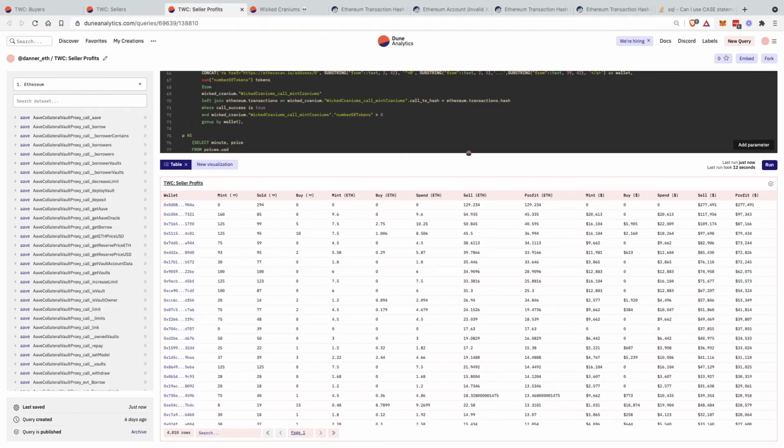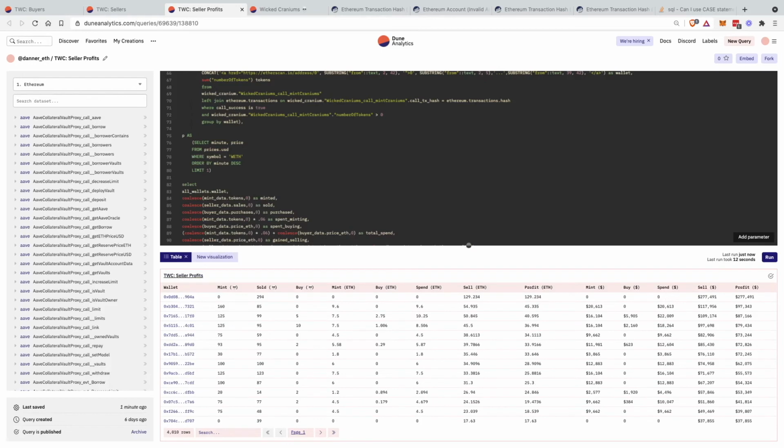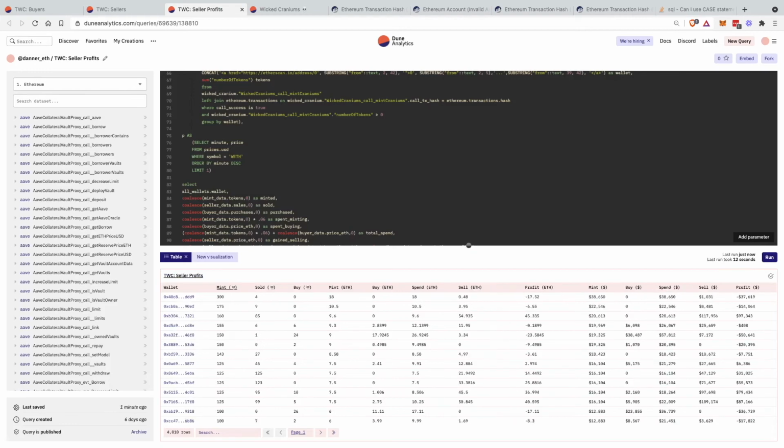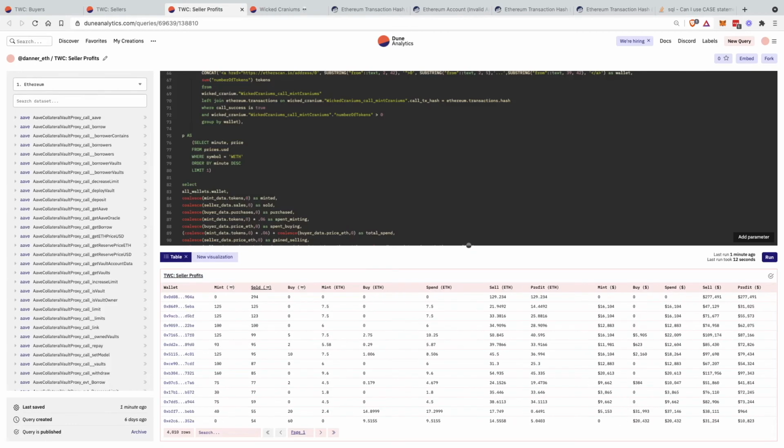There is one specific, major issue. Actually, why don't we take a look at it right now? Something that's not being covered here at all, and maybe we can isolate these cases, is cases where we have more sales than mints and purchases.